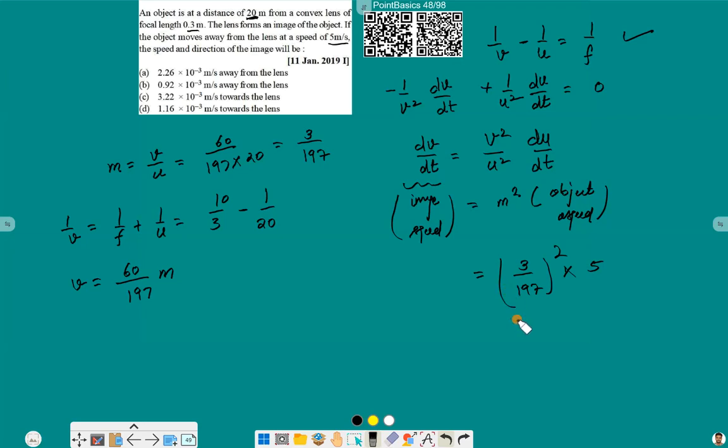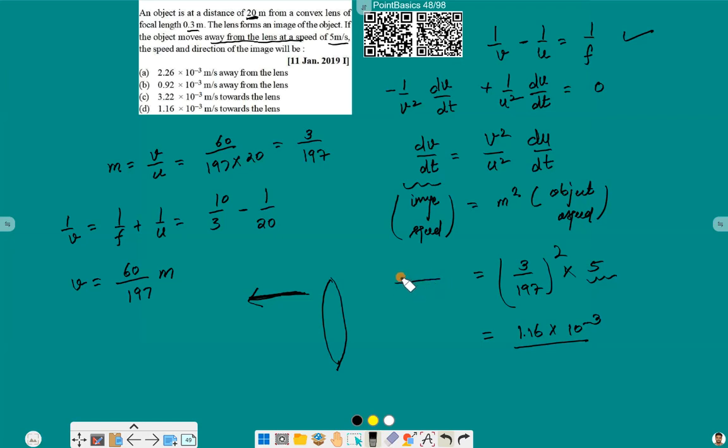If we solve this, we will get 1.16 into 10 raised to power minus 3. Now we have taken object speed as positive. The object is moving away from the lens, so suppose this is the lens, the object is moving like this, and we have taken this direction as positive, and our answer for the image is also positive.